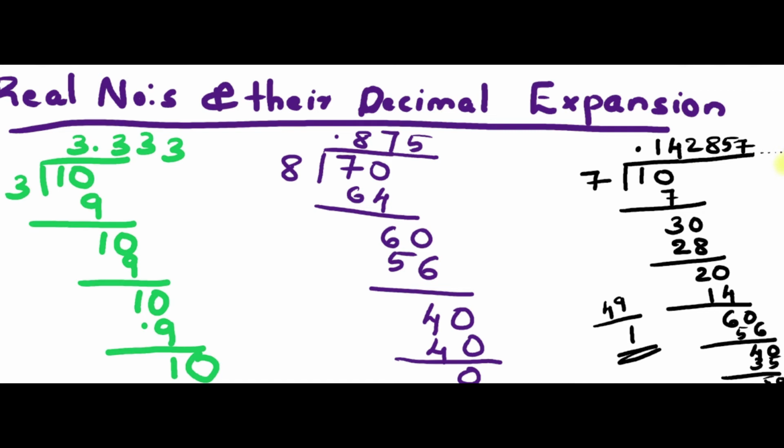So it is called non-terminating recurring decimal expansion. Note that: non-terminating recurring decimal expansions. So we can see this by means of some examples.